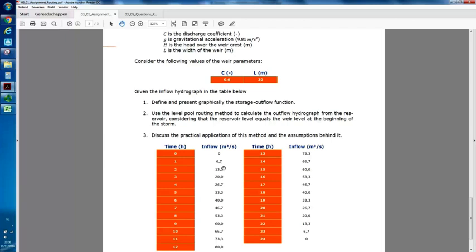We know that based on this inflow, there will be an increase of the water level in the reservoir, and based on that increase of water level in the reservoir, there will be some outflow. The storage is changing, so that's how we can calculate this.